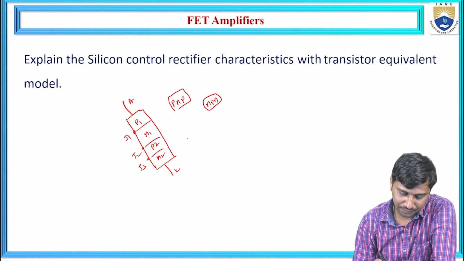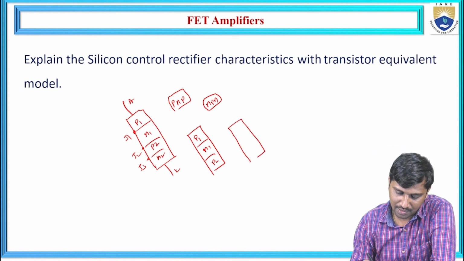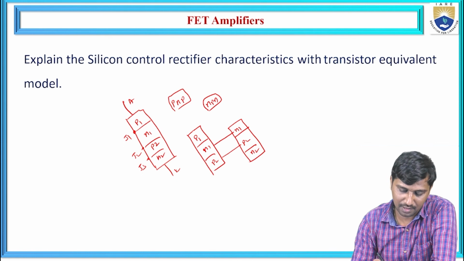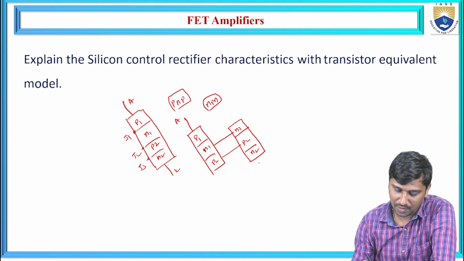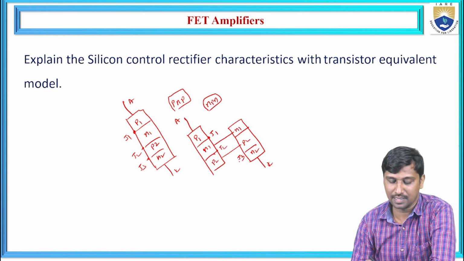So this is P1, N1, P2, and the other is N1, P2 and N2. These two are interlinked. Here it is the anode and this is the cathode. This is junction J1, the junction between N1 and P2 is J2, and this junction is J3.